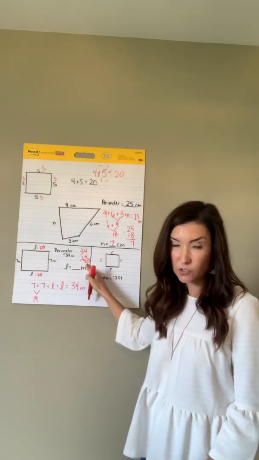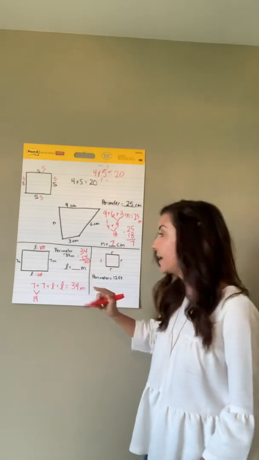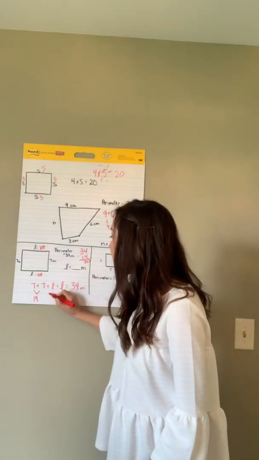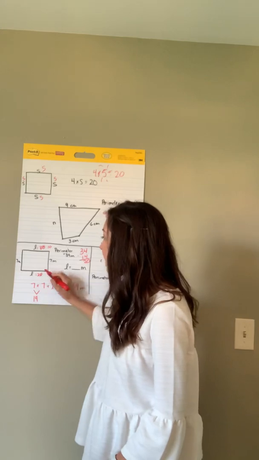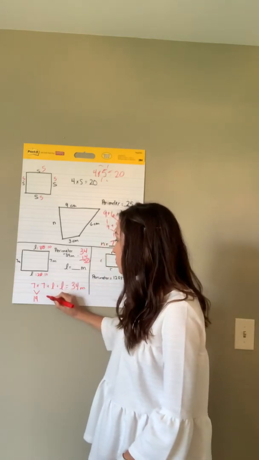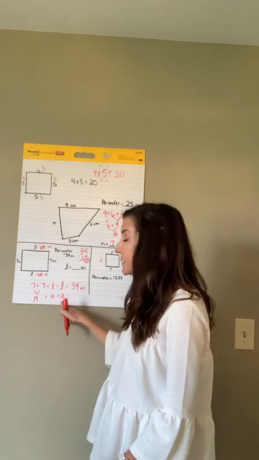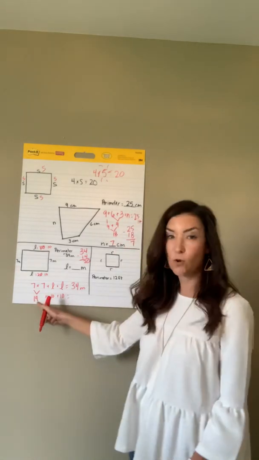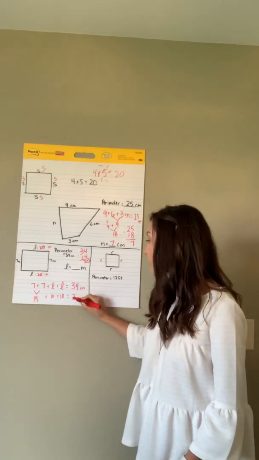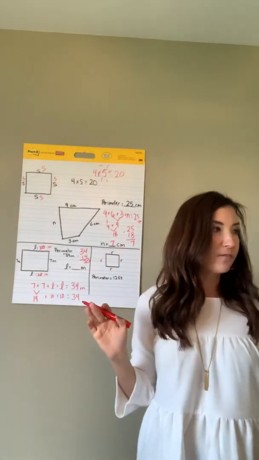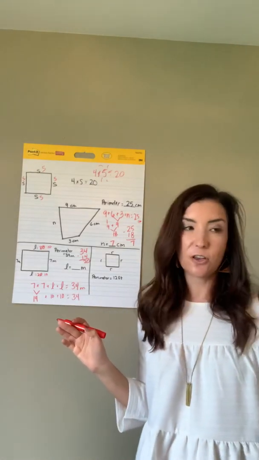What times 2 is 20? You're right, 10. So this L is going to have to equal 10, and this L is going to have to equal 10. So watch this. We have 14 plus 10 equals 10 doubled is 20, plus 14 is 34.